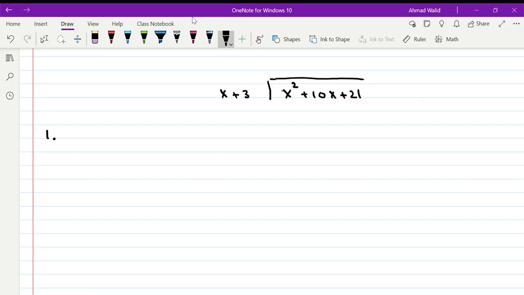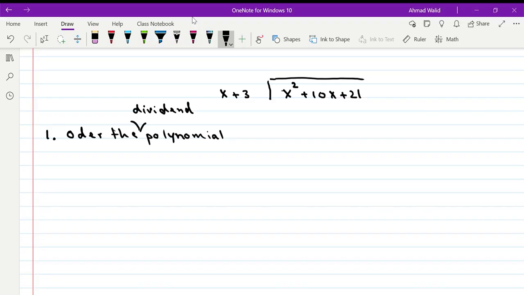Step number 1. Always order the polynomial, or I can say order the dividend polynomial.